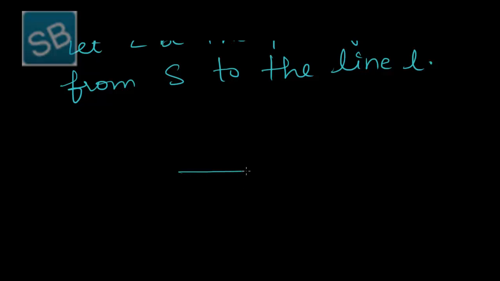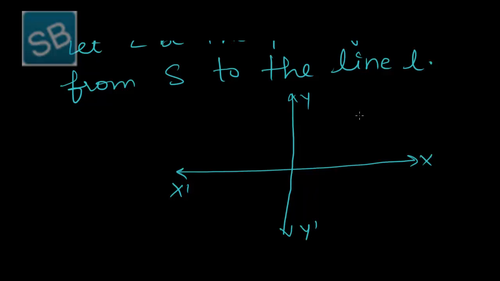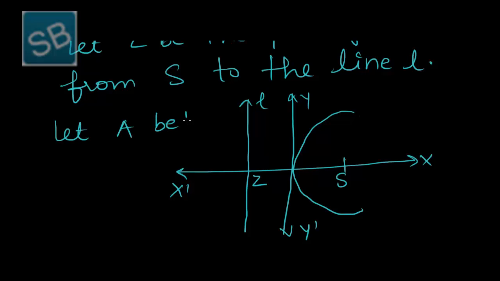If we draw the diagram, this is the x-axis, this is the y-axis, and this is the parabola, here S, and this is line L, and Z is the foot of perpendicular from S to L, and let A be the midpoint of ZS.